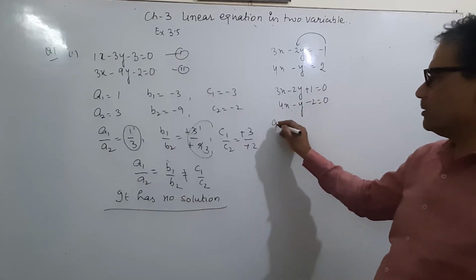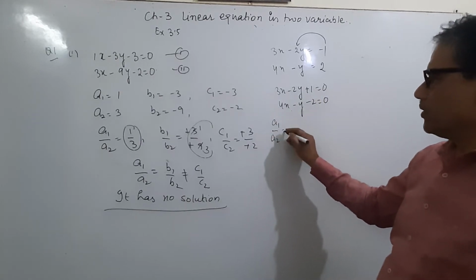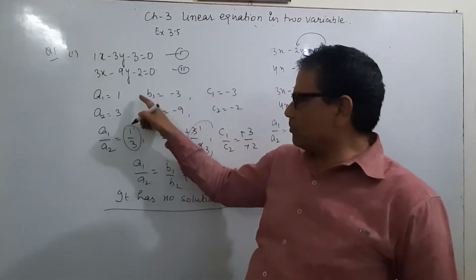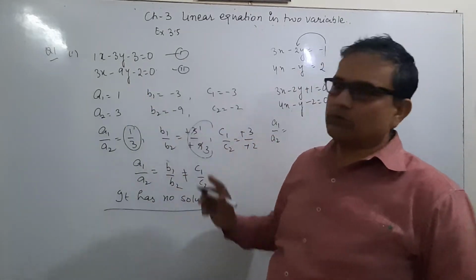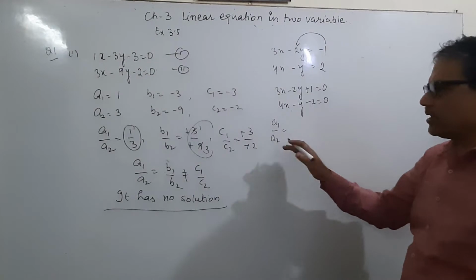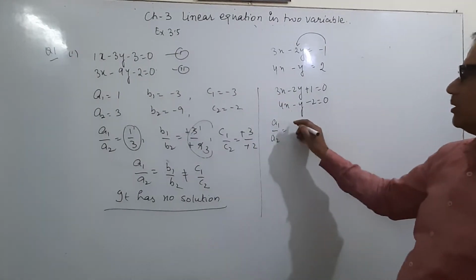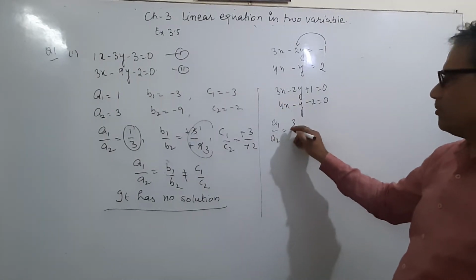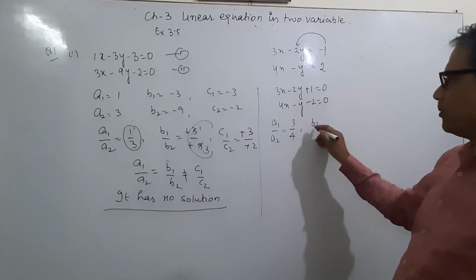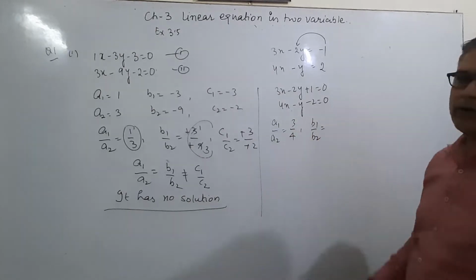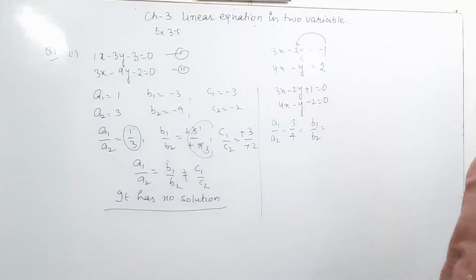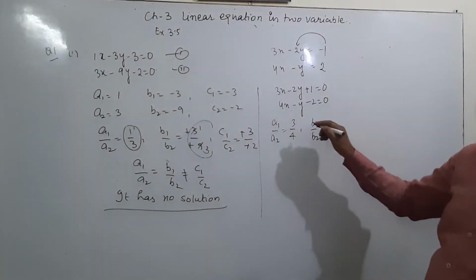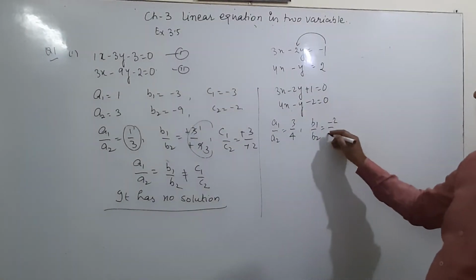What is a1 upon a2? First you have to write what is a1, what is a2, what is b1, what is b2, what is c1 and what is c2. I am writing directly. a1 upon a2 is 3 by 4. What is b1 upon b2? B is the coefficient of y, means b1 upon b2 is minus 2 upon minus 1.